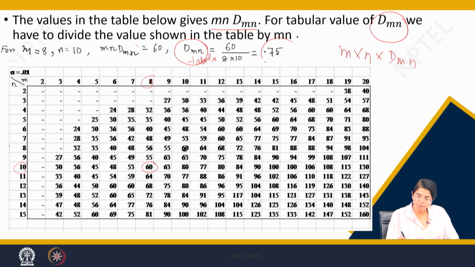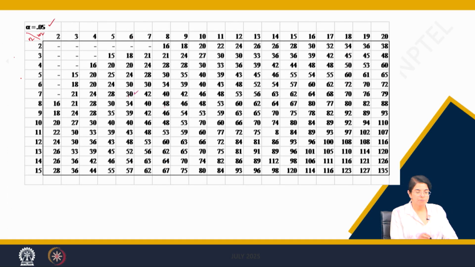So your tabulated value of Kolmogorov-Smirnov test statistic is 0.75, and this is for alpha equal to 1%. Look at the corner, and for alpha equal to 5%, the same thing happened. Do not forget to divide the value jotted in this table by both of the sample sizes.